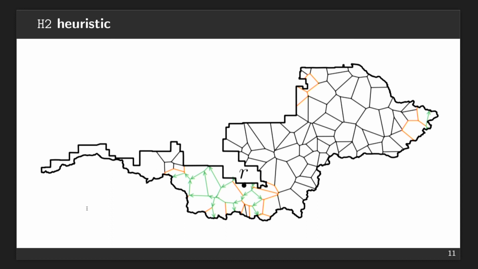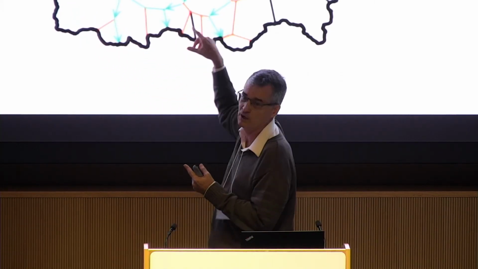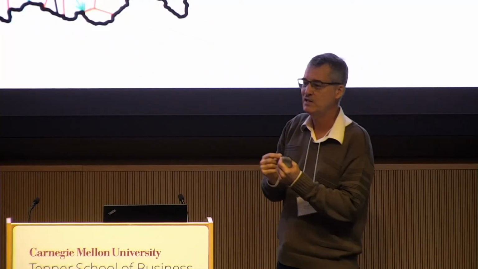So what we do is that we expand this set instead of only considering these variables as integral variables and fixing all the other barriers to 0. We also add these orange ones, which are barriers that share a phase with some barrier that is active.